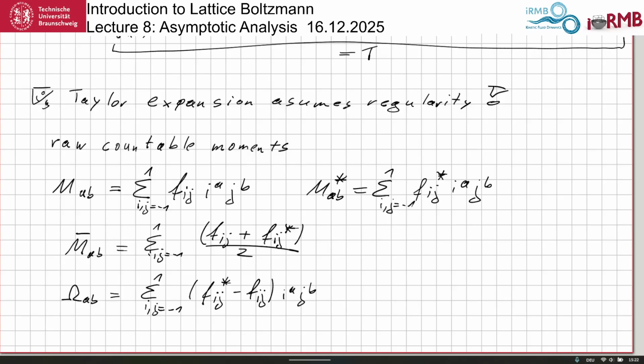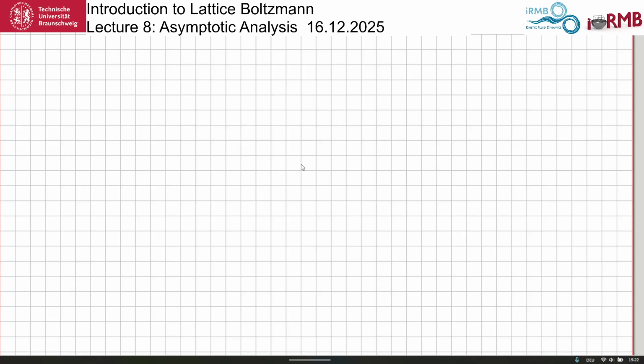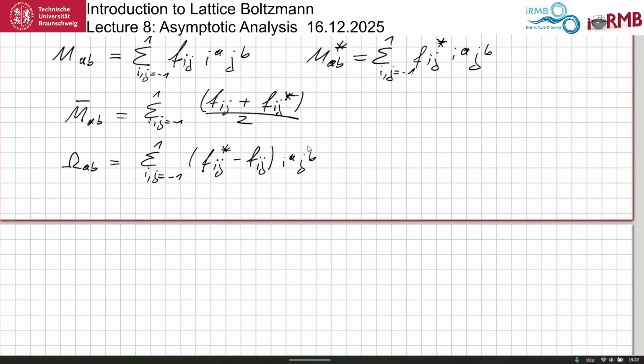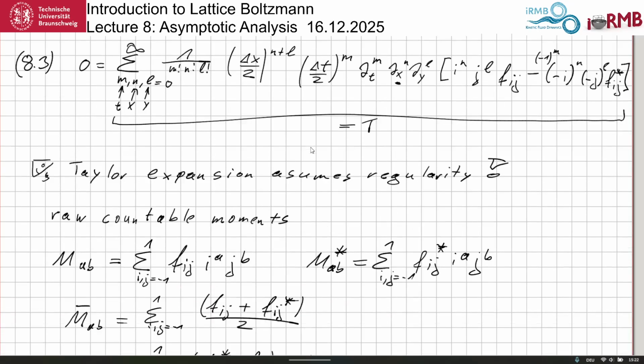our expansion now. The idea basically is that up here in equation 8.3, we have an equation of populations. And as we can take moments of the populations, we can also take moments of the equation of populations.